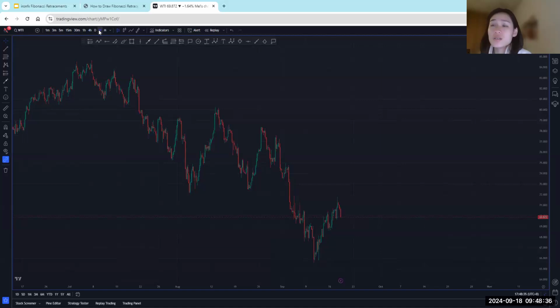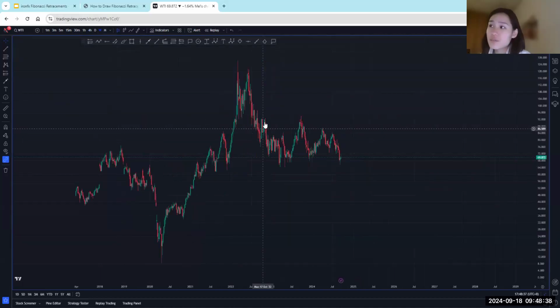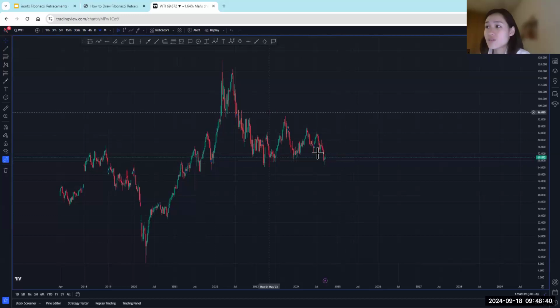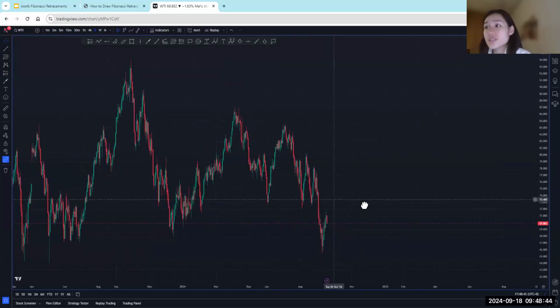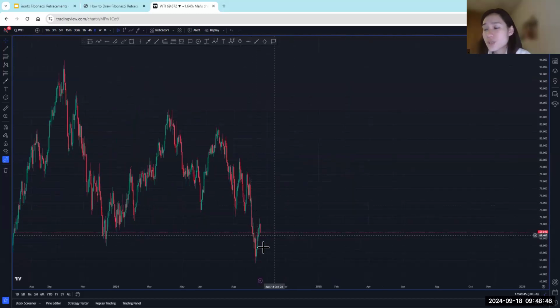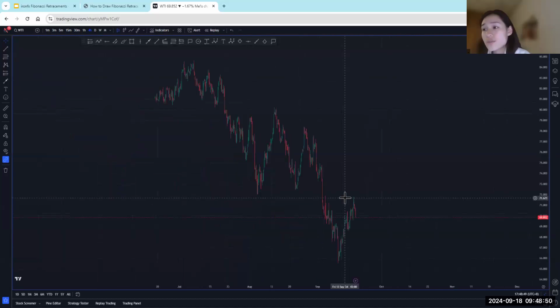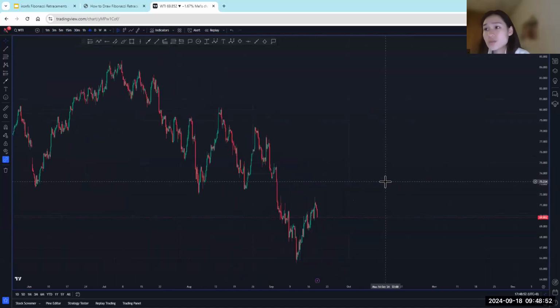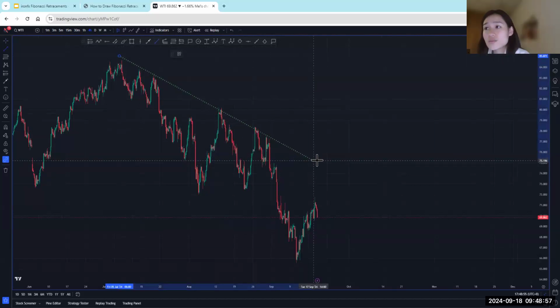So on our weekly time frame, prices look like they are moving in a downtrend. On our daily time frame as well, although there is a slight increase. And on our 4-hour time frame, you can see prices generally moving in a downtrend as well with this descending trend line.